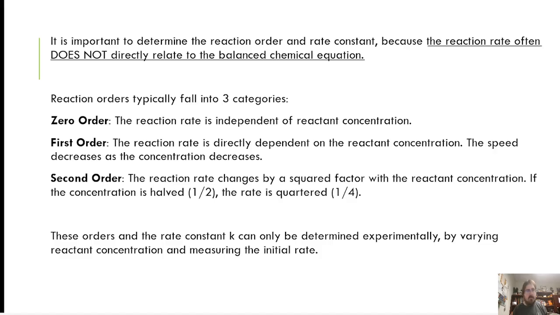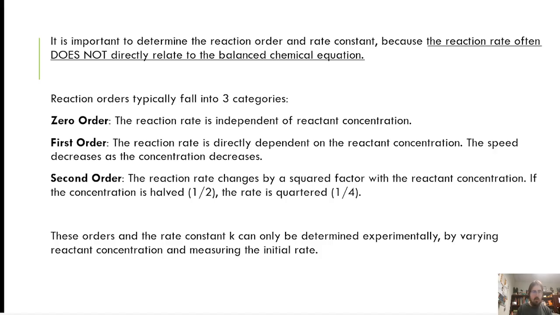Because the overall balanced equation is not quite there, we will get reaction orders that typically fall into 3 different categories. First is zero order. The reaction rate is independent of the reactant concentrations, meaning the amount of hydrogen, as long as it's not 0, did not affect the rate.